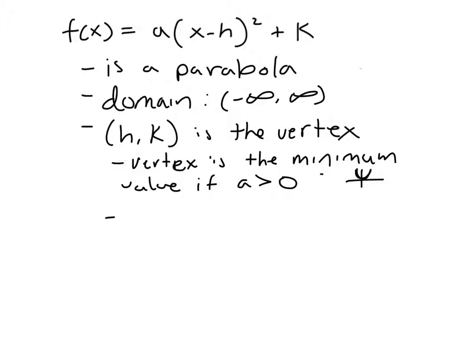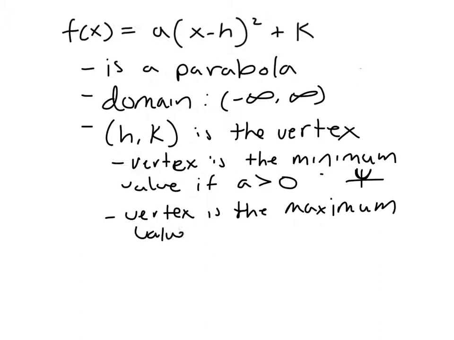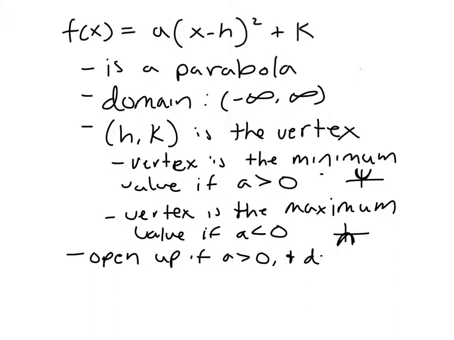Or the vertex is the maximum value if a is negative, because if a is negative, we open downwards. That's another property we know: we open up if a is positive, and down if a is negative. That's due to the transformation.